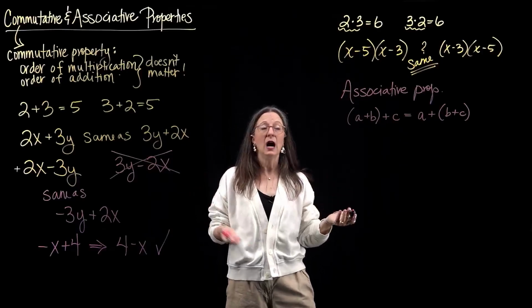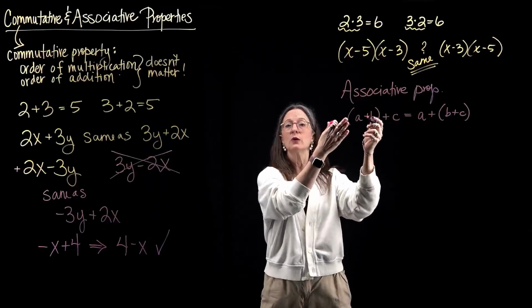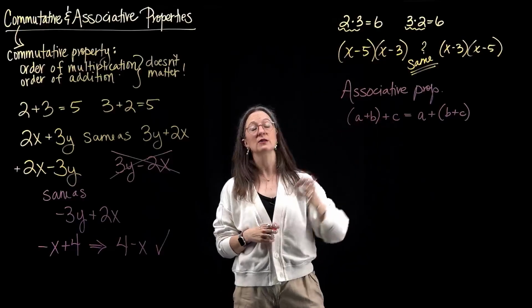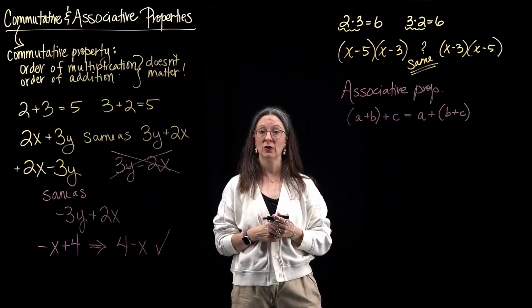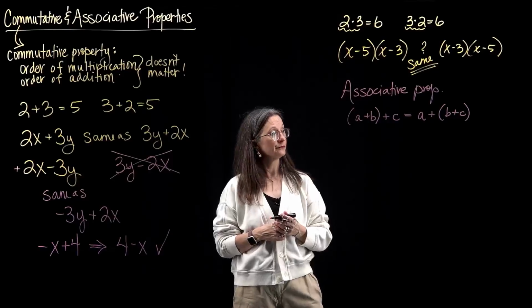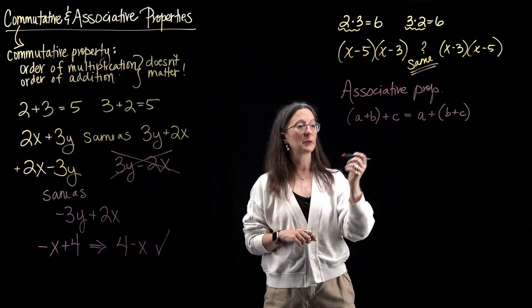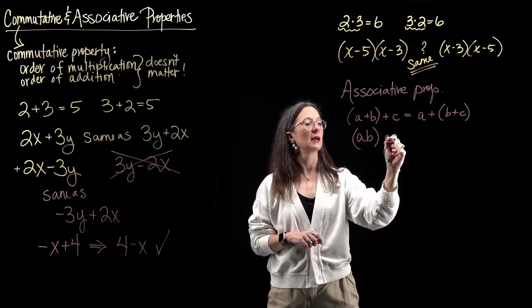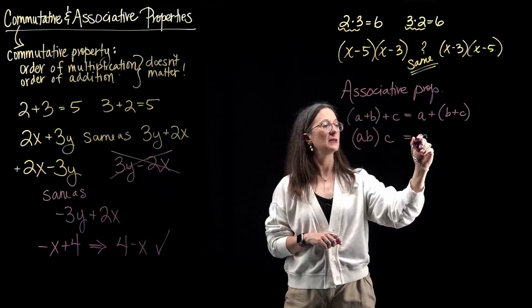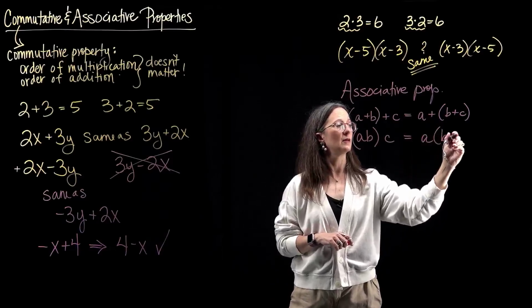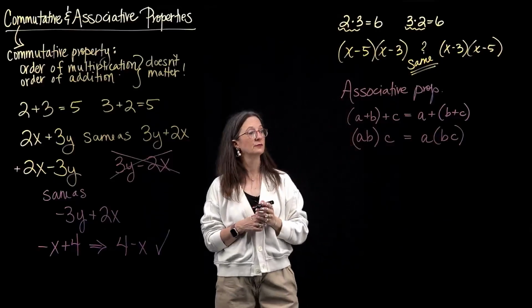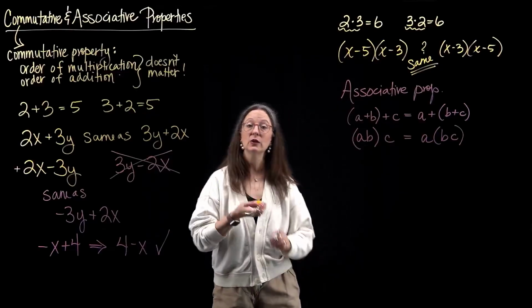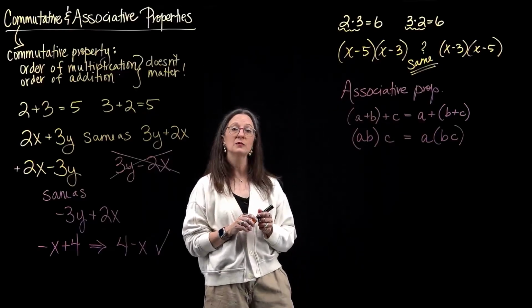It means I can choose which addition I do first as long as all of my operations are addition. All right? For multiplication, this would be a times b times c is the same as a times b times c.